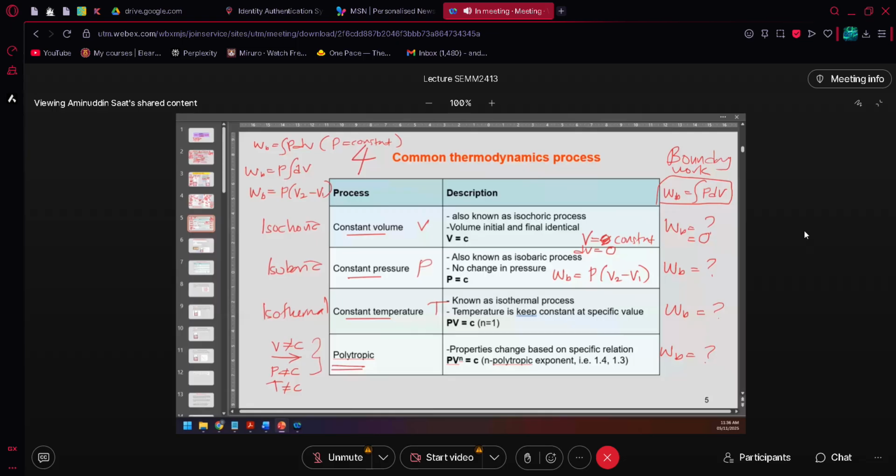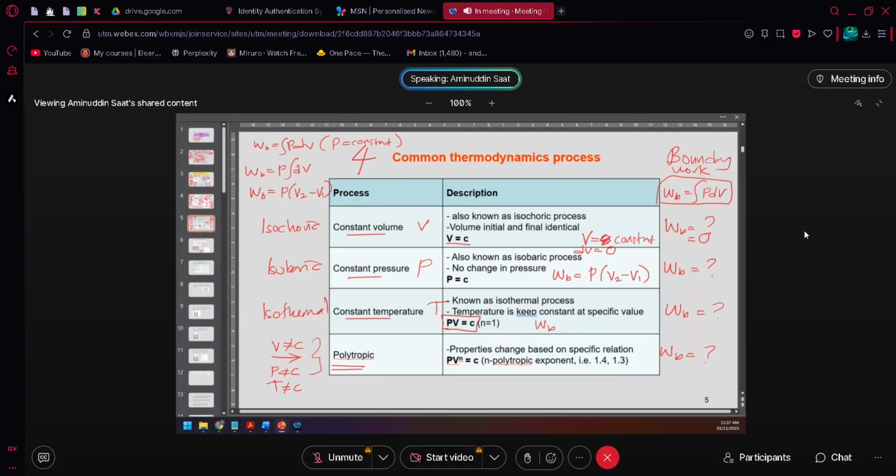How about the constant temperature? Again, you are using the integration, but this time we need to use the relation of P and dV. Under the constant temperature, the relation of PV becomes PV equals C. If you look here, under constant volume, V is constant.